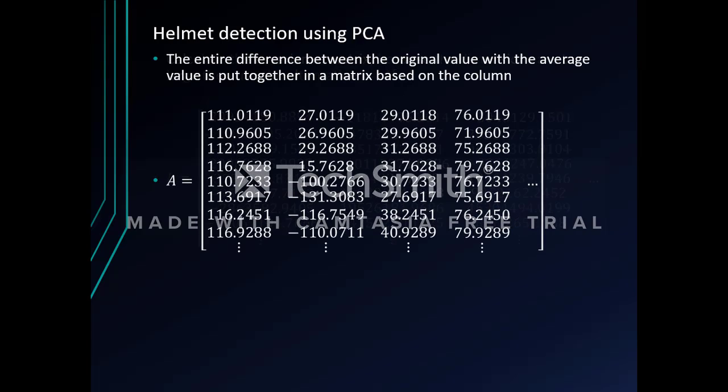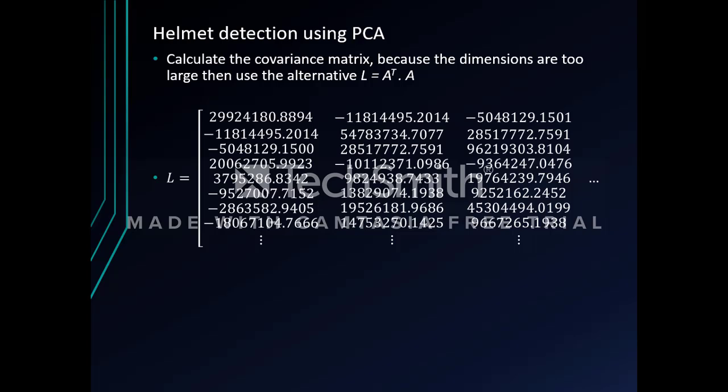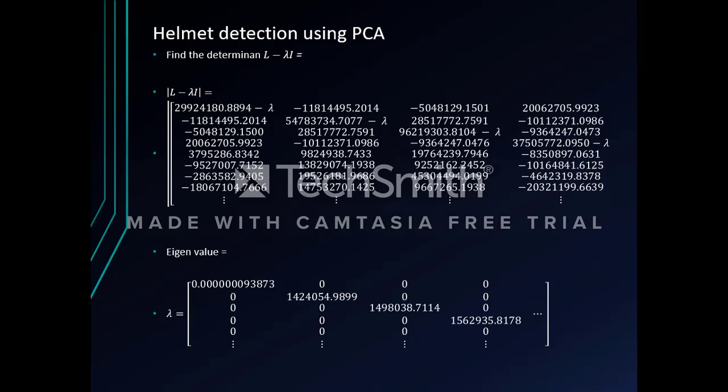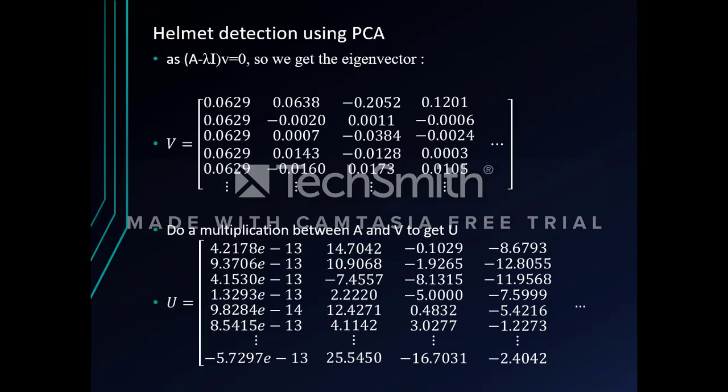Because the dimensions are too large, we use the alternative: the A transpose multiplied by A, and we put that into variable L. Then find the determinant, as we have known how to find the determinant, so we find the eigenvalue, and then we get the eigenvector.